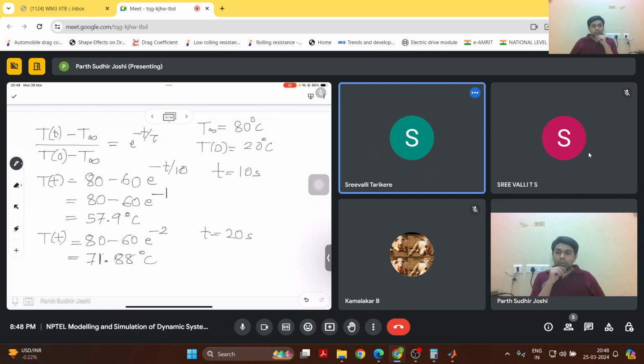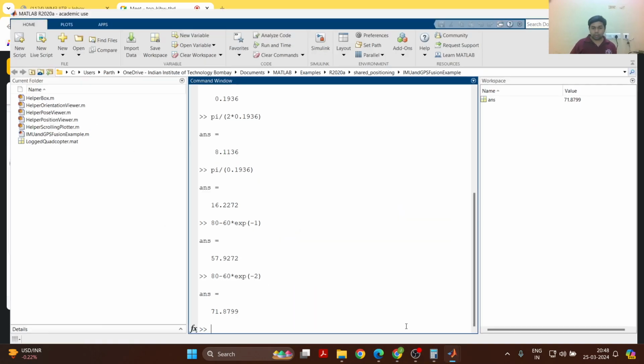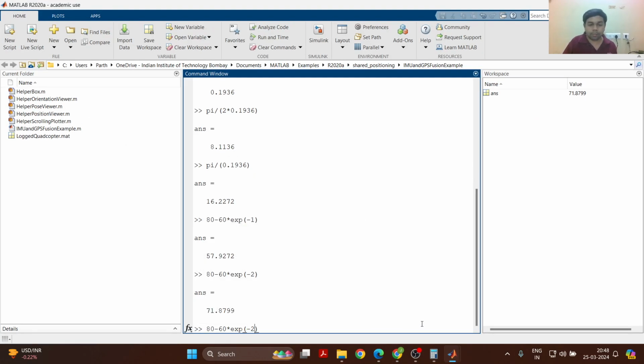Okay, so it actually takes roughly about 5 time constants to reach nearly the steady state. So you can say it's about 50 seconds. If we take 25 seconds, it's basically 80 minus 60 into e to the power minus 2.5. Then it will be about 75 degrees.